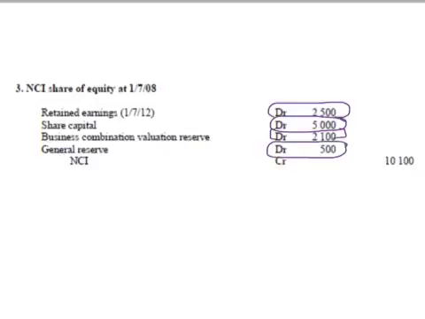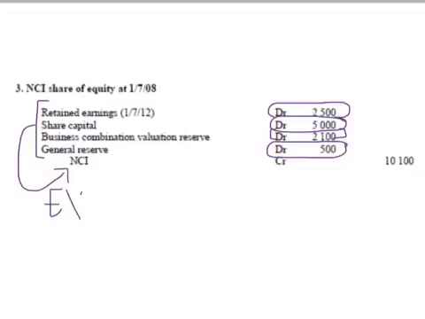Now, because we don't record their investment in the subsidiary in our accounting records, we can't eliminate it, or we don't want to eliminate it against their investment. What we want to do is extract, and that's the big difference between how we deal with the parent's share in the equity versus the NCI.